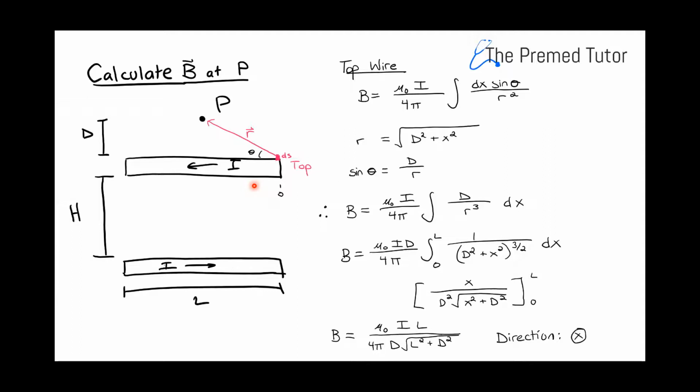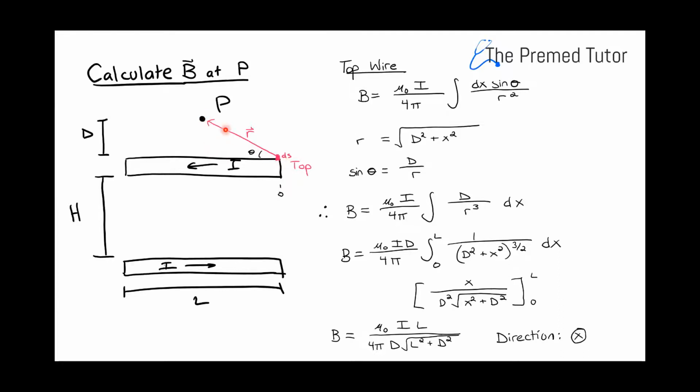Specifically, we can write r in terms of the Pythagorean theorem. If you notice, this r vector can be split into both a y component here and an x component here. And that's great because we just discussed how the y component for wherever you are along this wire doesn't change, whereas the x one does.